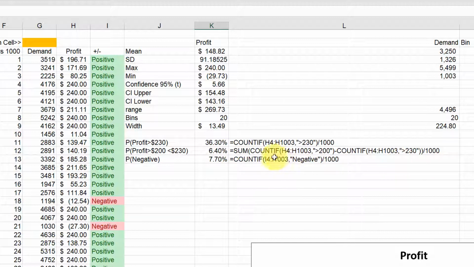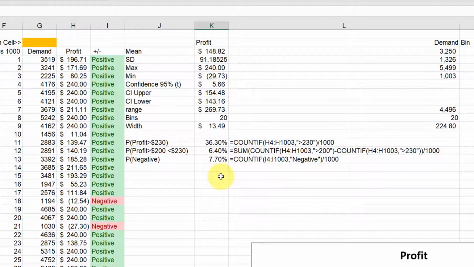What I did there, I've got two COUNTIF statements. I wanted to get the total count greater than $200 profit using the same method, and then subtract from that the count of profits greater than 230. So that would get us the interval in between, and of course just divide that by 1,000. Now I use the sum function here for that, but you really wouldn't need to do that if you're just using these two COUNTIFs. If you had multiple COUNTIFs, then the sum function would help you do that.